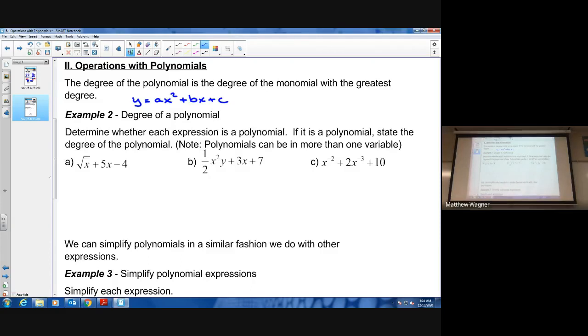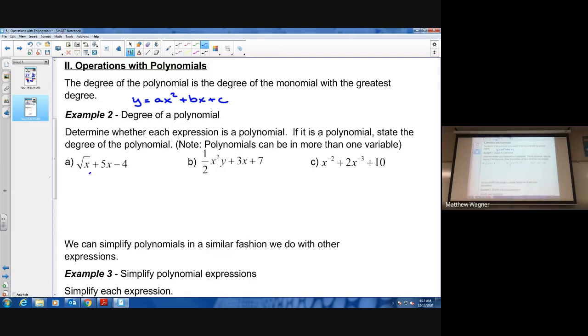So if it's in that standard form where we have coefficients, we have powers, or x to the first, x to the second, x to the third, we may have a constant in our equation, that's a-okay. But if we have radicals, if we're dividing by variables, if we have negative exponents, that is not going to be representative of a polynomial, okay?